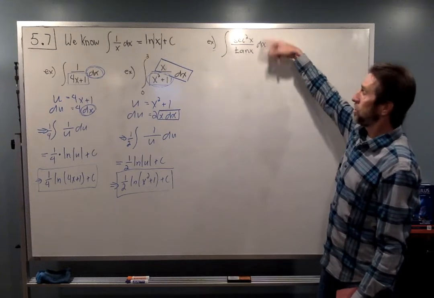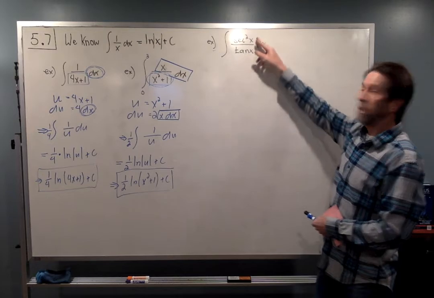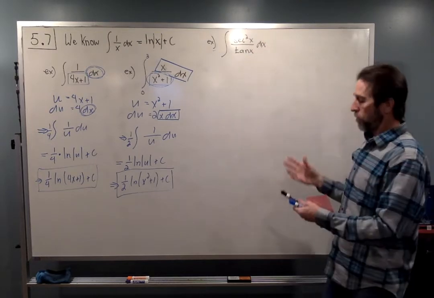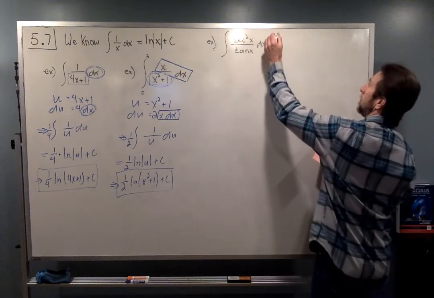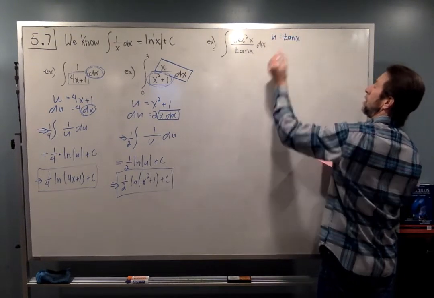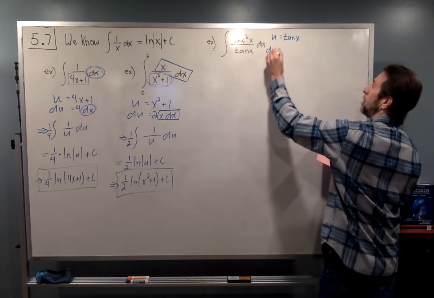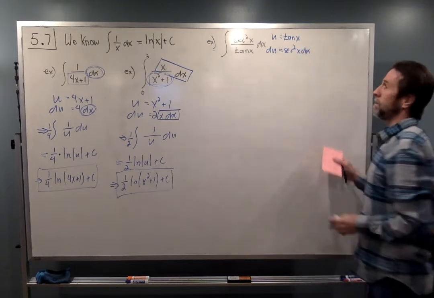In this case, I know that the derivative of tangent is secant squared. So it would seem reasonable to let u equal tangent. Then du happens to be secant squared dx, which is exactly what I need.